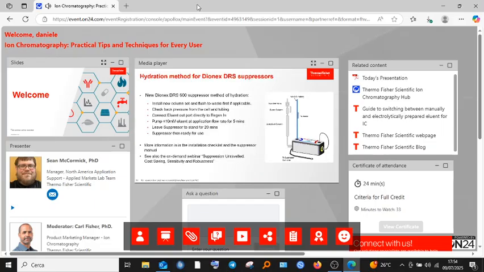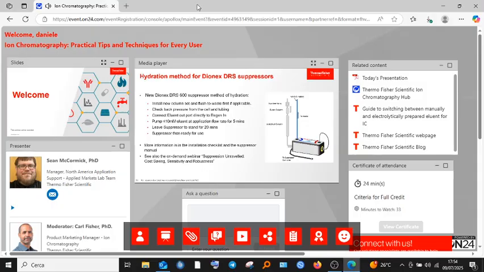Much like the column manuals, the suppressor manuals provide vital information about how to operate and maintain your suppressor. The most important maintenance task when it comes to your suppressor is proper hydration. Hydration is necessary when the suppressor is new out of the box or has been in prolonged storage.